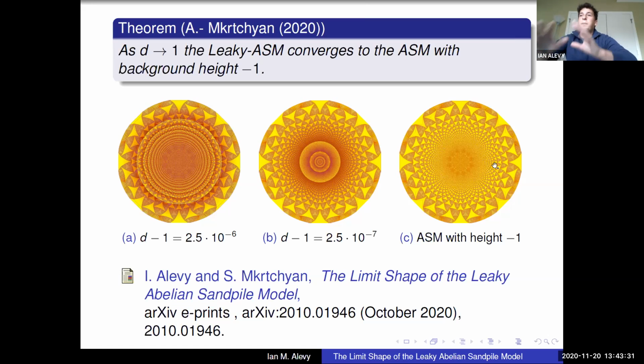If you compare it to the ASM with background height 0, the pictures are similar, but there are some small differences. Although what's kind of remarkable is that you still have this fractal structure, and you still have these fractal pieces on the boundary.